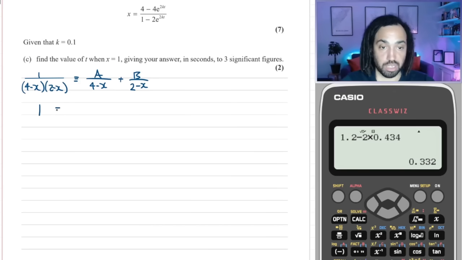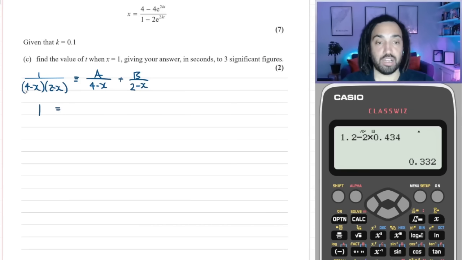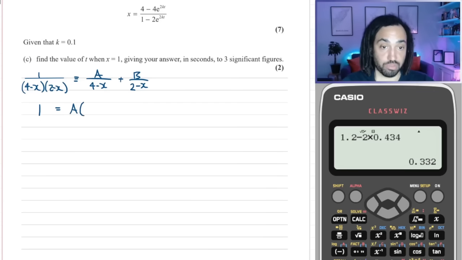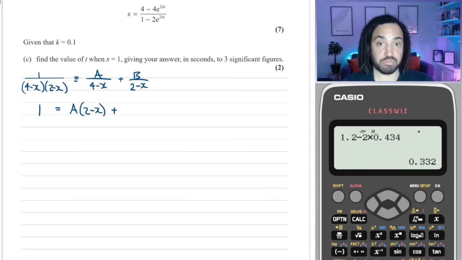So that gives me 1 on this side. And timesing through by the 4 minus x will cancel out that denominator. We'll still have a, and we'll have to times through by this as well, so it'll be 2 minus x. And then timesing both of these by this, the 2 minus x will cancel, and then we'll have a 4 minus x multiplied through as well.